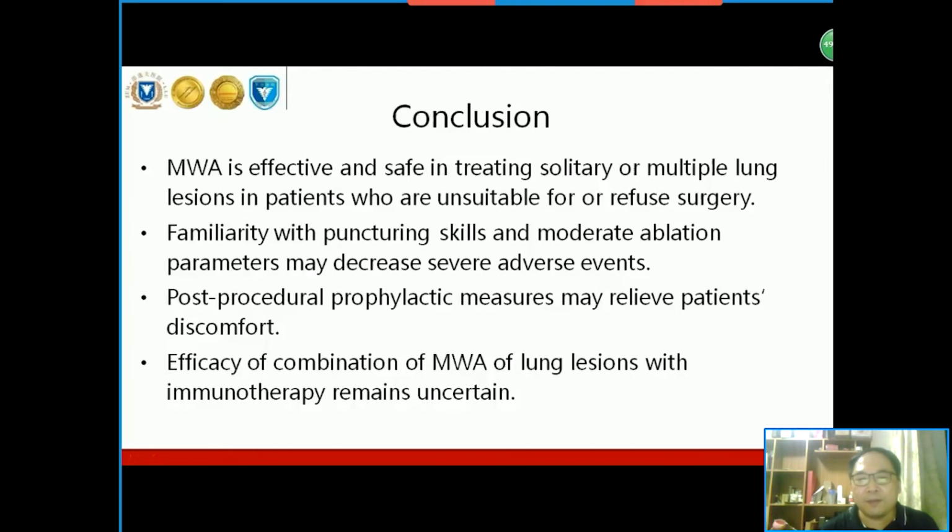Post-procedure prophylactic measures may relieve patient discomfort. The efficacy of combining microwave ablation of lung disease with immunotherapy remains uncertain. In my institution, if the lesion is metastatic, usually after ablation of all the lesions seen in the lung, I will give the patient immunotherapy.